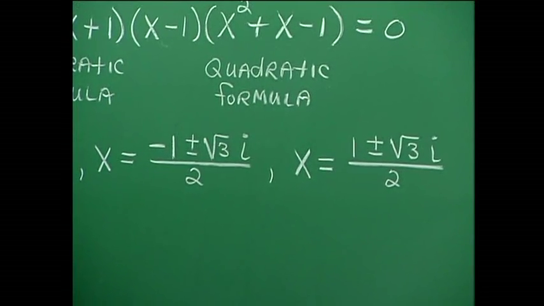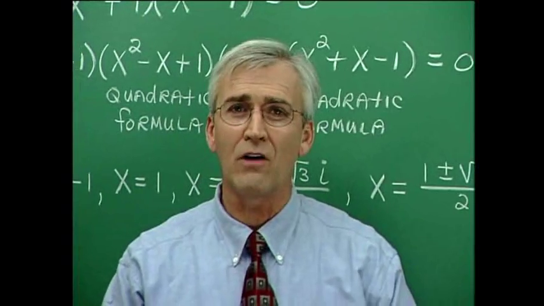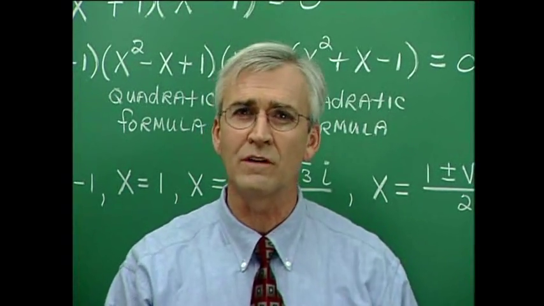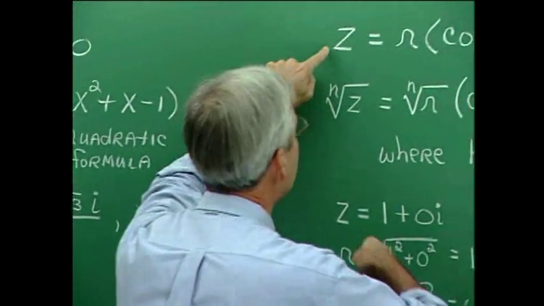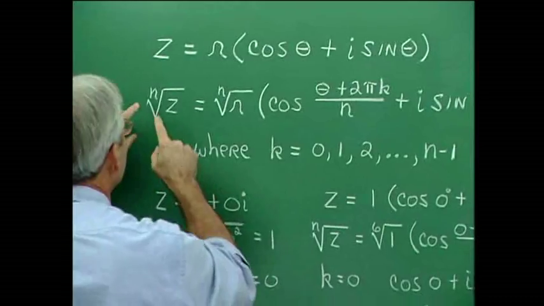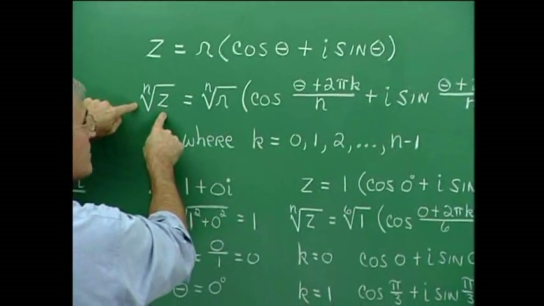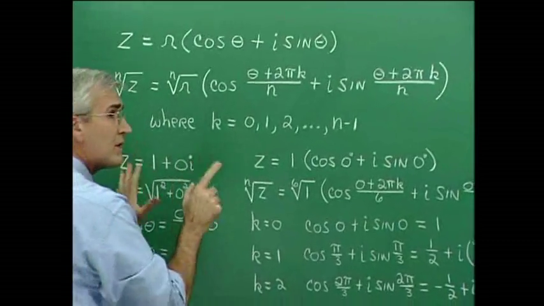Okay, now another way to attack the situation involves a rather intriguing use of polar form. It works like this. If we have a number that is in polar form, then we can find the nth root of z by using this pattern.